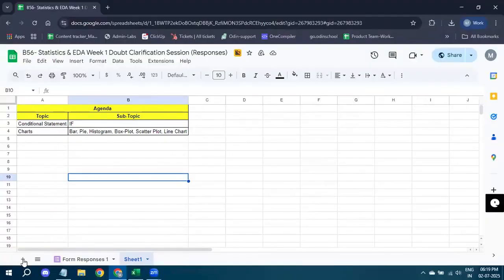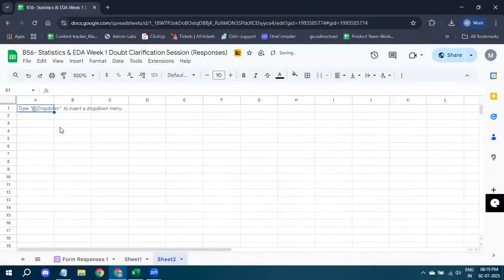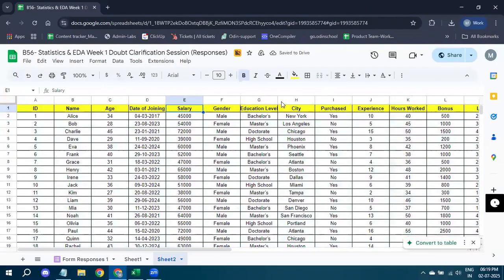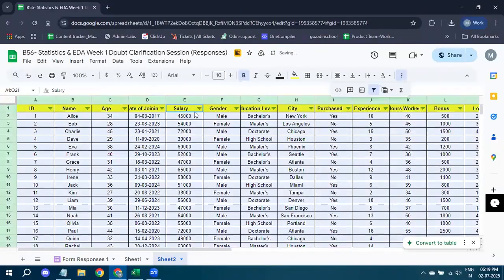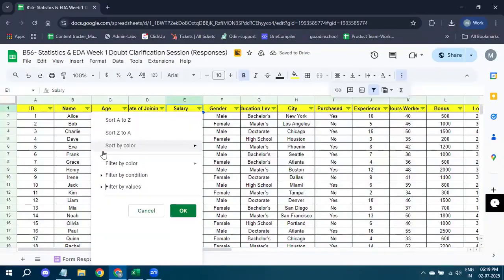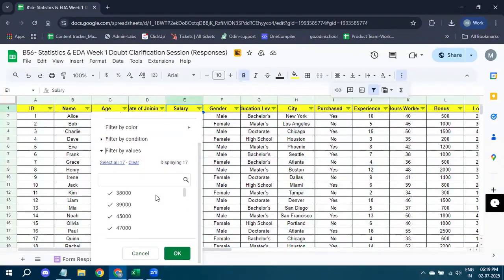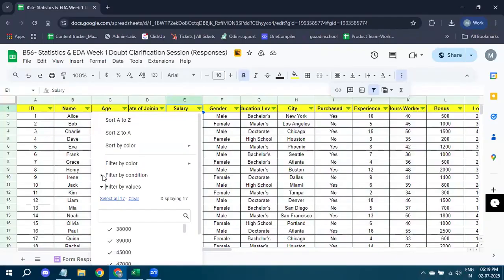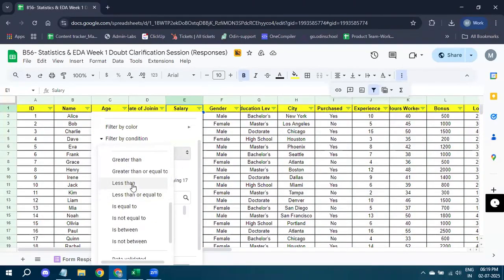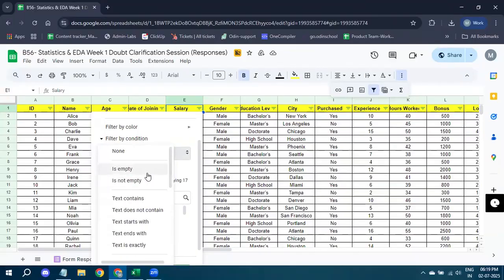If I add a new sheet over here and paste the data, then apply the filter to this particular data, you will see filter by values and filter by condition. Were you able to see the condition options? Greater than, less than, equal to, is, between, not between.